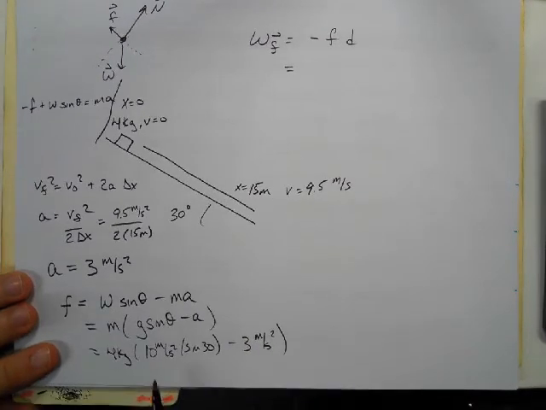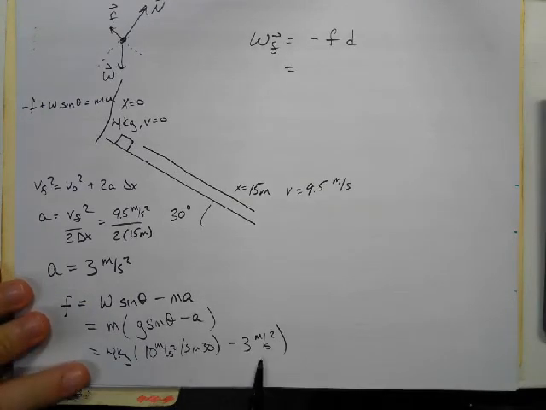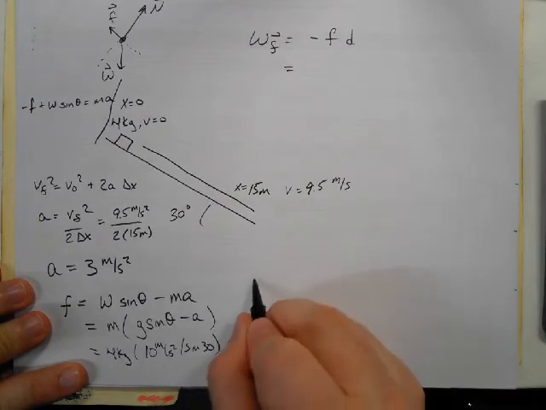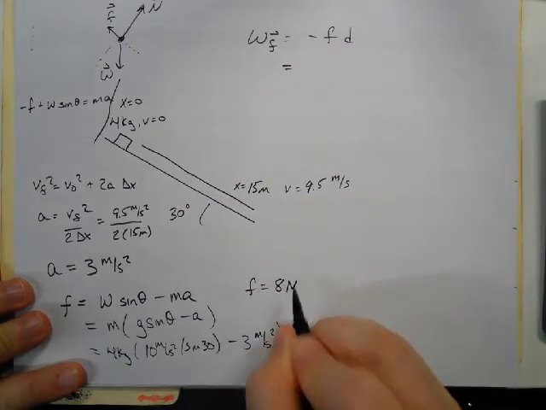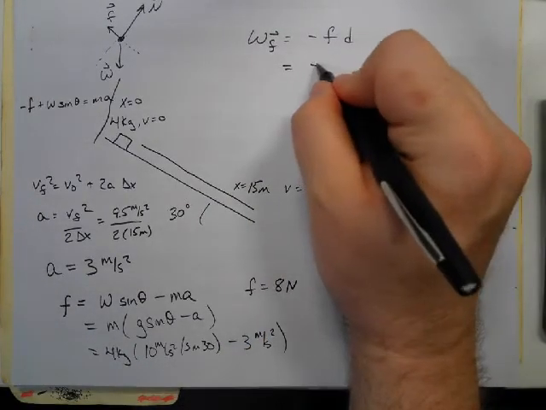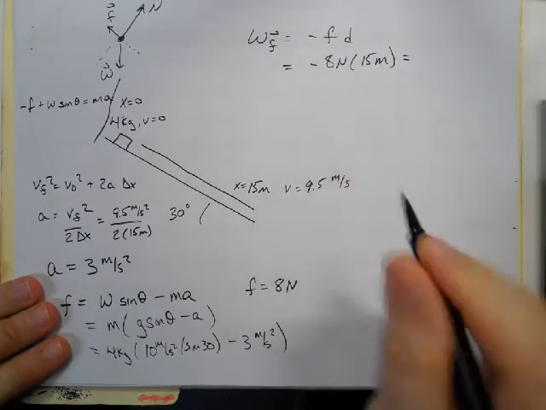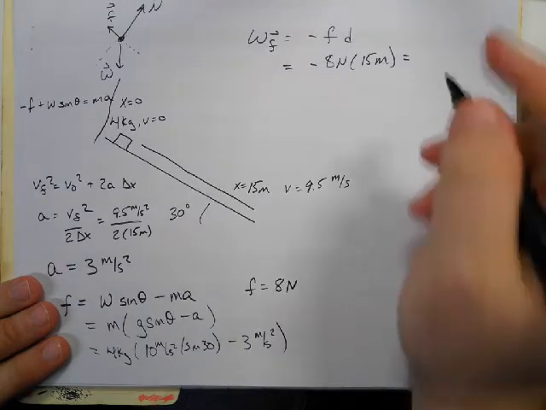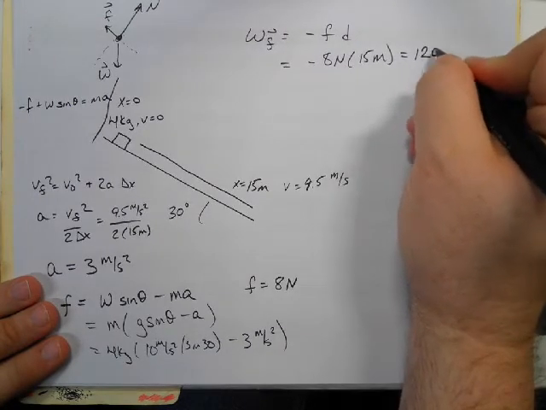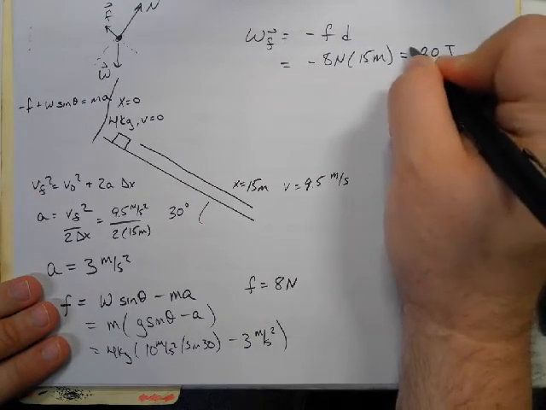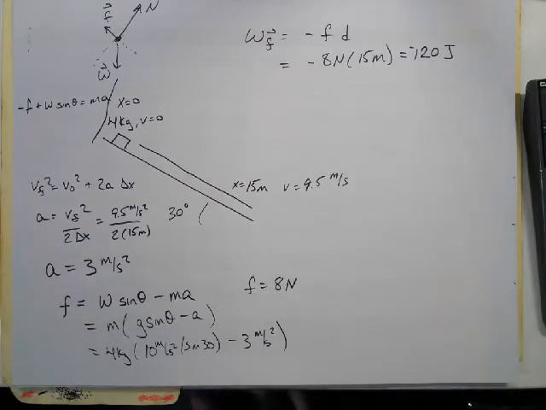So 10 times a half is 5, minus 3 is 2, 4 times 2 is 8, so our frictional force is 8 newtons. And so we have minus 8 newtons times 15 meters is 120, times the minus sign, minus 120 joules. So that's what we expect.